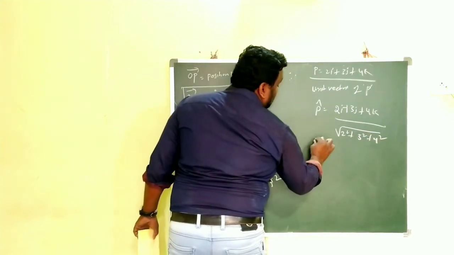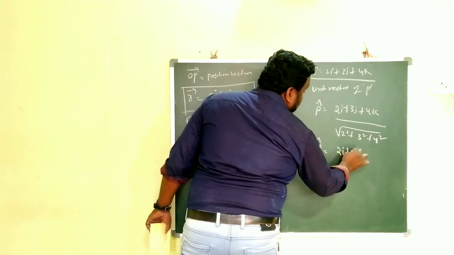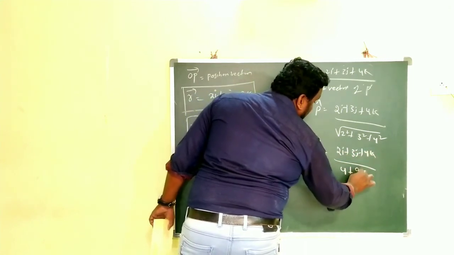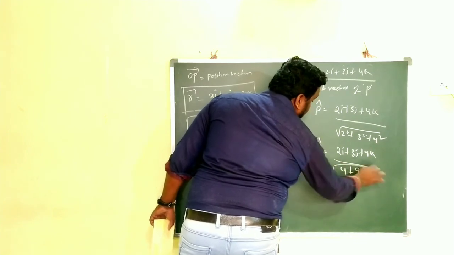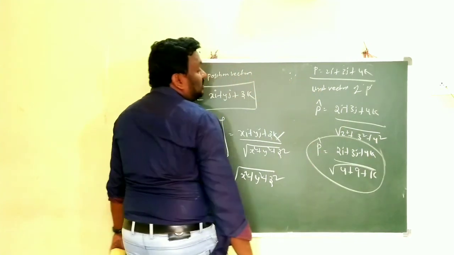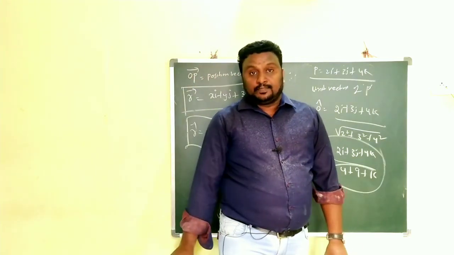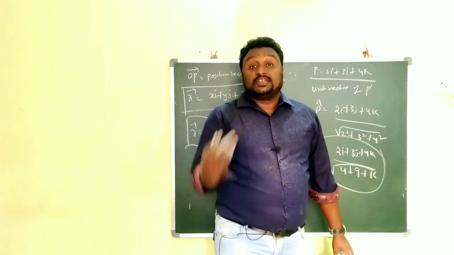That means P cap equals 2i plus 3j plus 4k by the square root of 4 plus 9 plus 16. So the value we get is the unit vector of P. This is how we can write the unit vector for a vector.